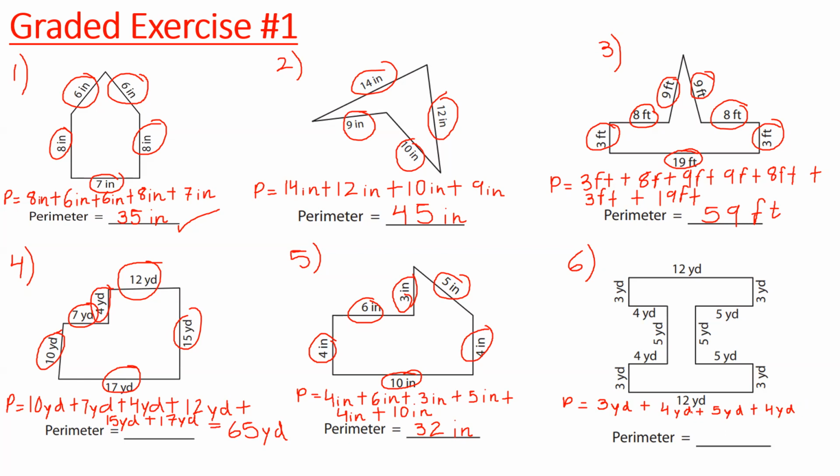So 3 plus 4 plus 5 plus 4 plus what? 3. 3, very good. Plus what? Plus 12 yards. Plus what? Plus 3 yards. Plus what? Plus 5 yards.